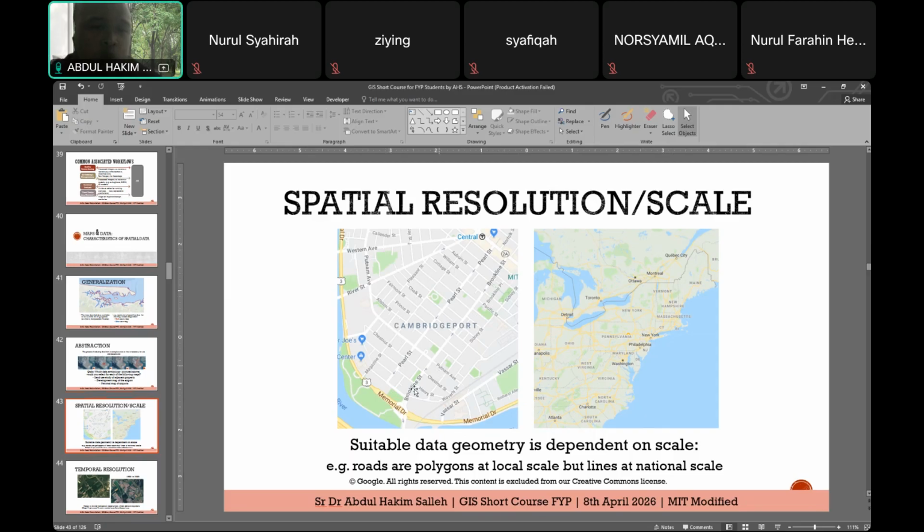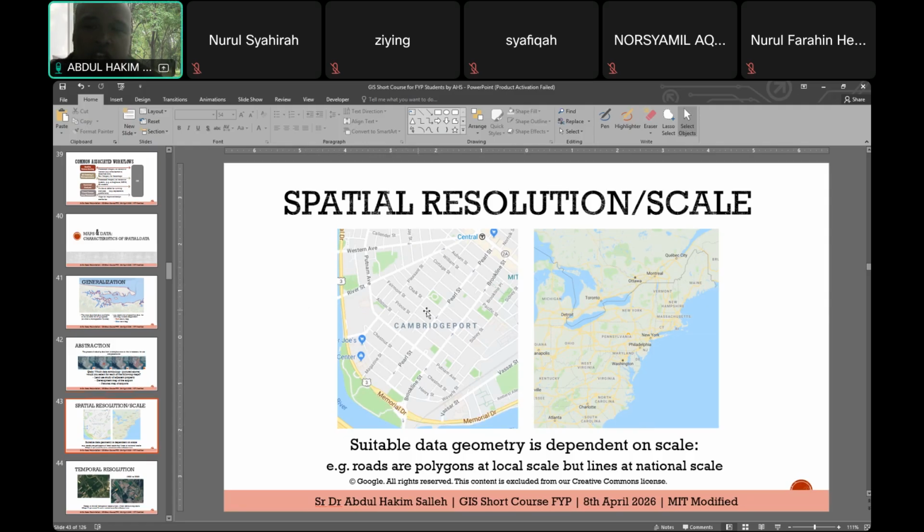These white-colored roads are the inner roads, whereas the yellow one is the main highway. The main highway is connected between states, for example.